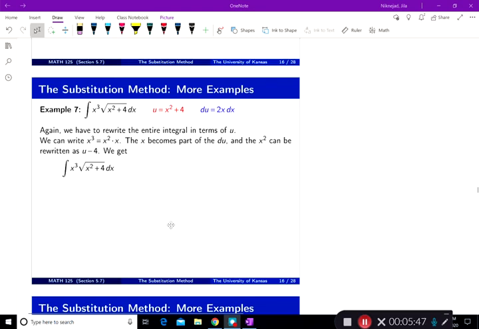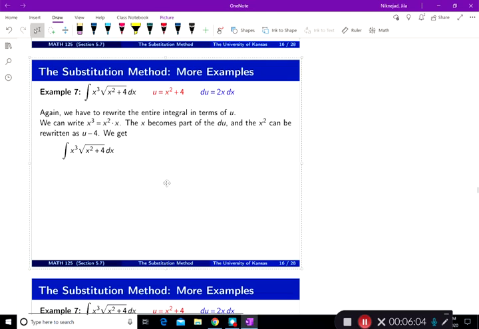So going over the same example, we choose u to be x squared plus 4 and du becomes 2x dx. The x dx is not quite apparently in there, so we have to regroup stuff.